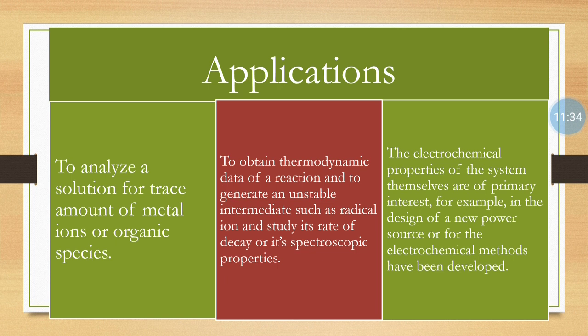And finally, it is used for the determination of electrochemical properties of the systems themselves, which are of primary interest. For example, in the design of a new power source.